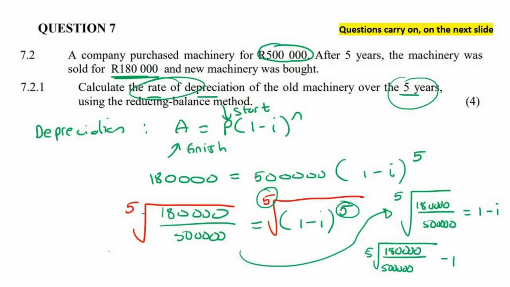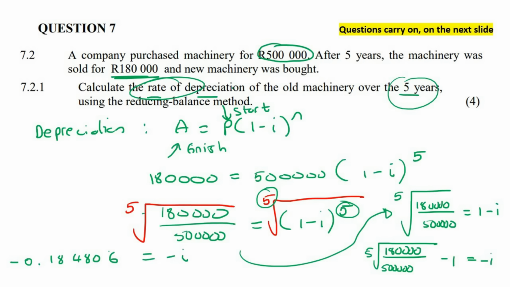This 1 is not inside the fifth root, just be careful. And on this side, you have negative i. Go ahead, type this on the calculator now, but don't round off. If you did this correctly, you should end up with negative 0.184806. That's enough.